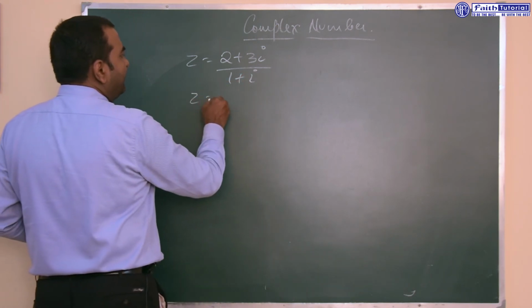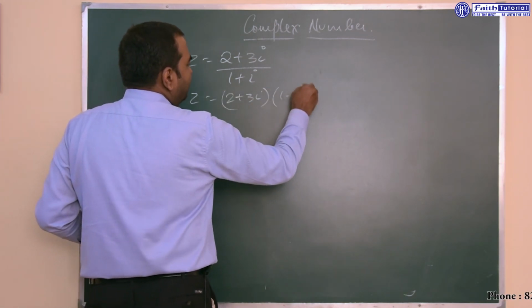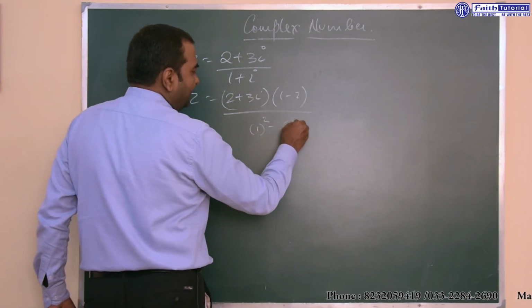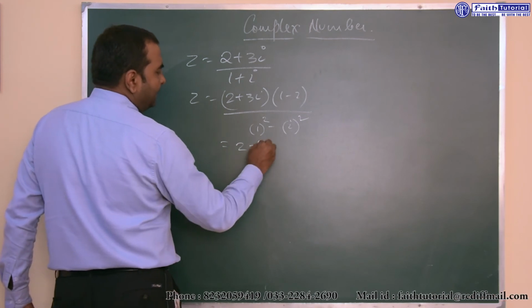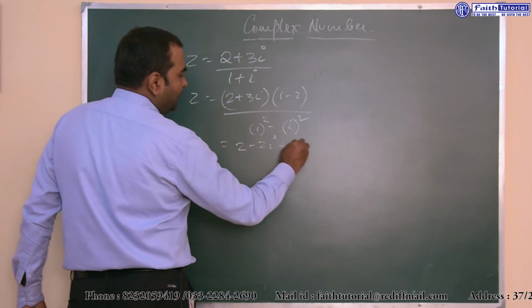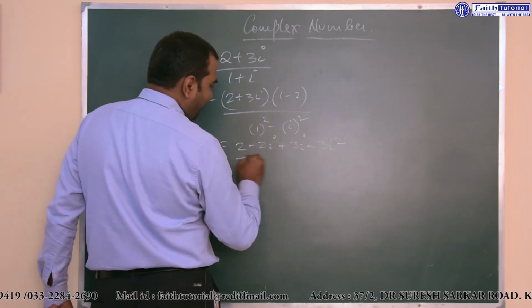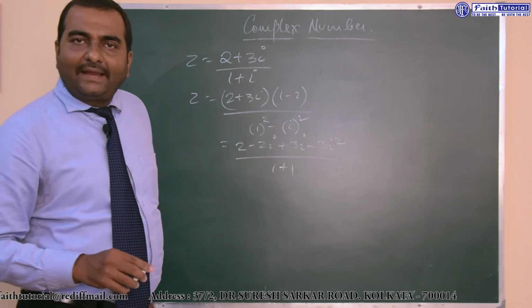So z will be 2 plus 3i into 1 minus i divided by 1 square minus i square. So that is 2 minus 2i plus 3i minus 3i square divided by 1 plus 1, not forgetting that i square is minus 1.